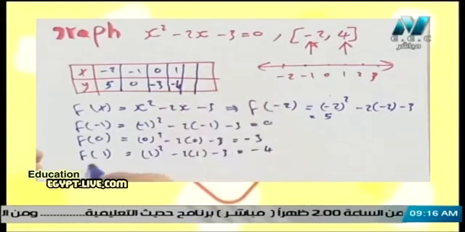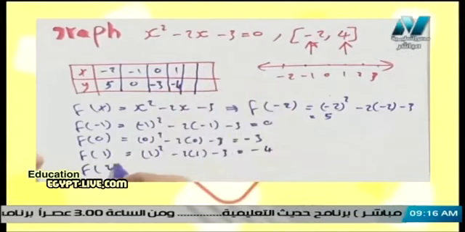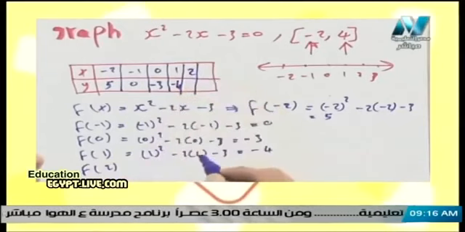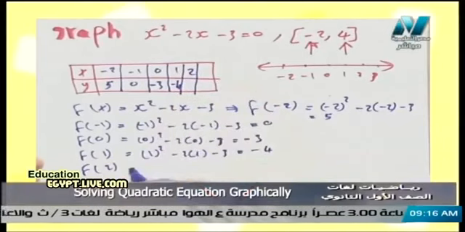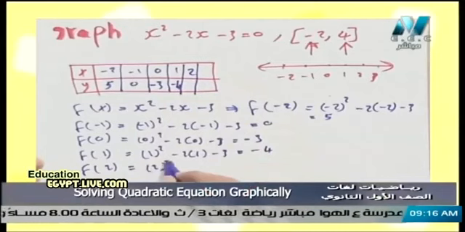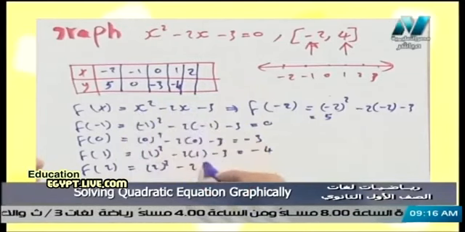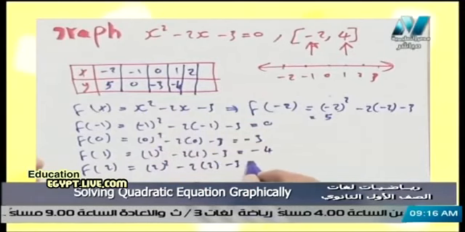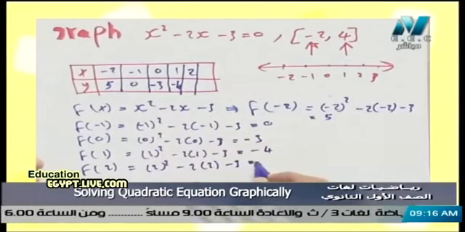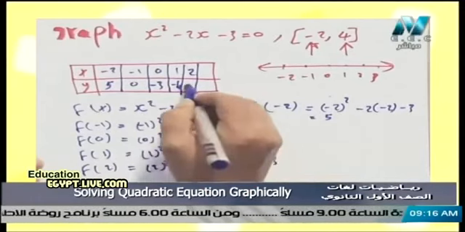Okay, by substituting 2, when x equals 2, 2² − 2 × 2 − 3, and the answer will be -3.